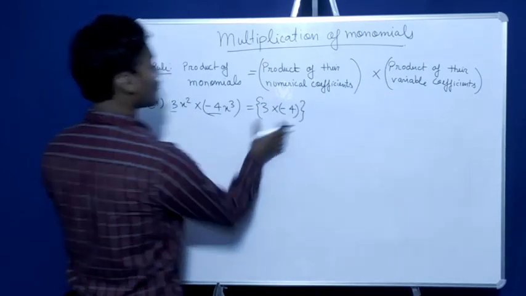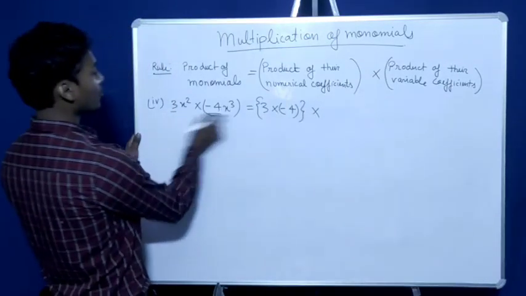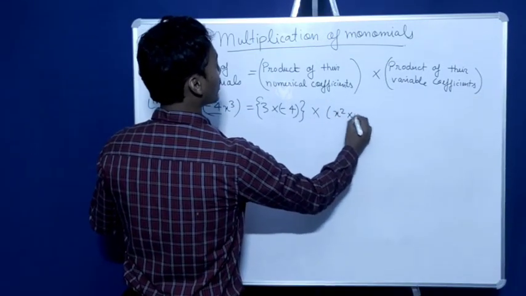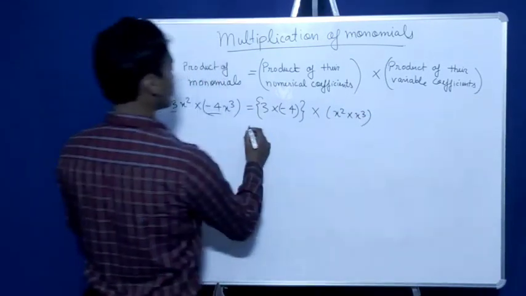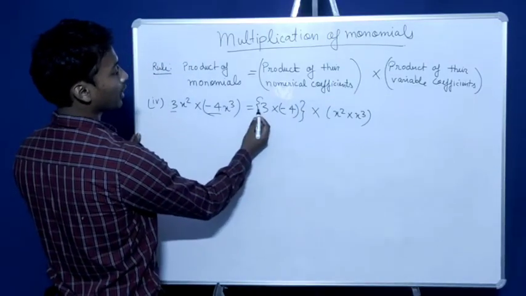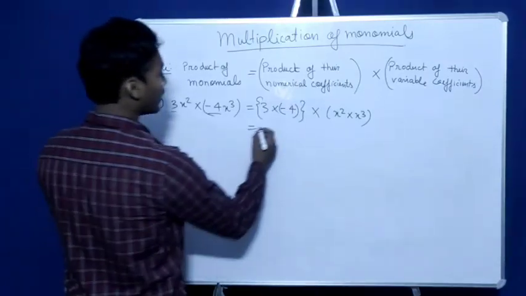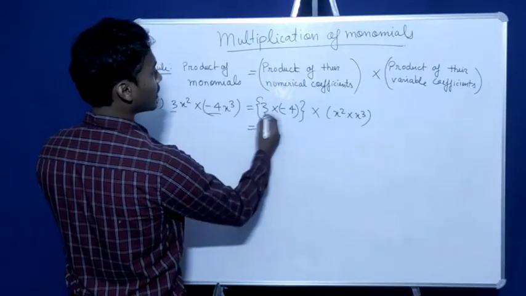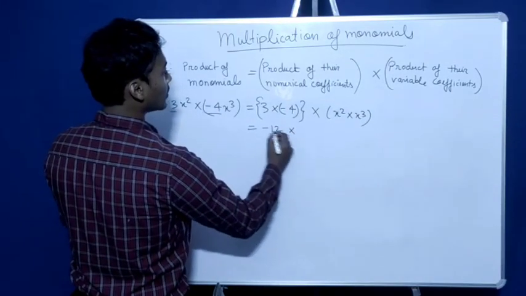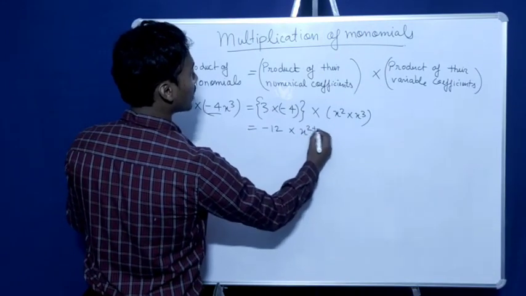This is the numerical coefficient that we are multiplying into the variable coefficient, that is x square and x cube. So x square times x cube. So here we have a negative and a positive sign. So a negative and a positive integer multiplied together gives us a negative integer. So negative 3 4s are 12 into x raised to the power 2 plus 3.